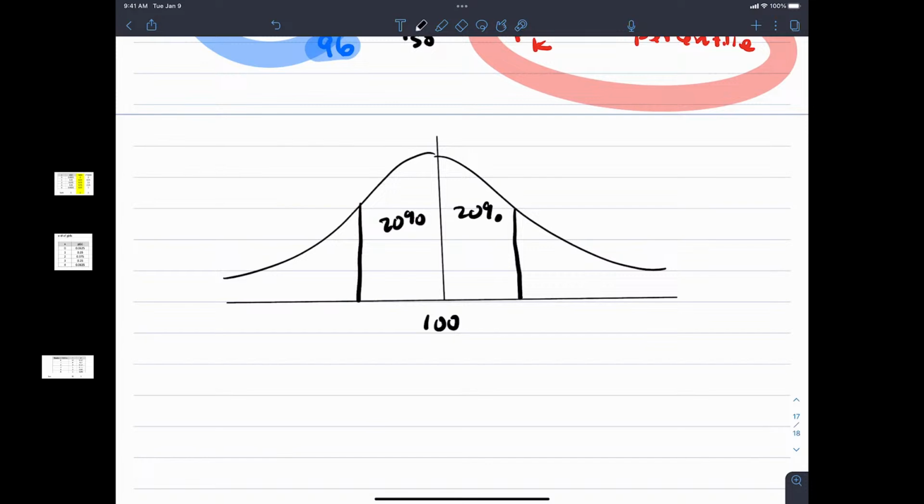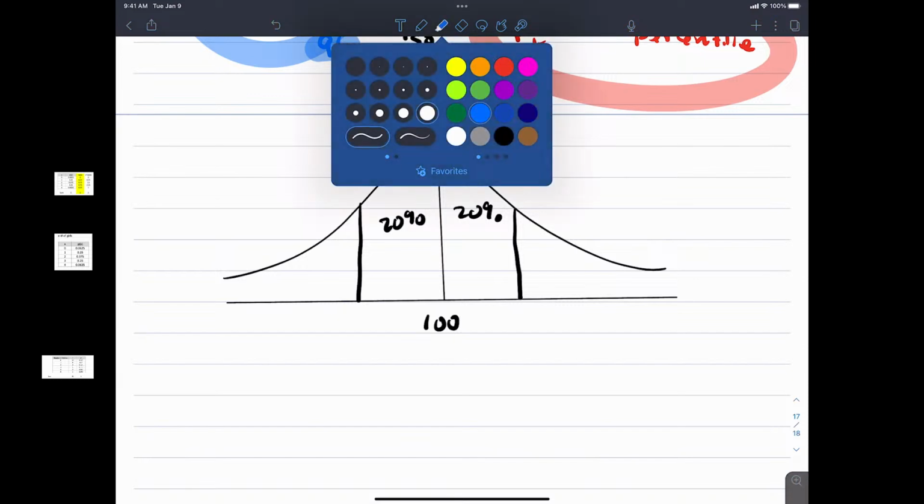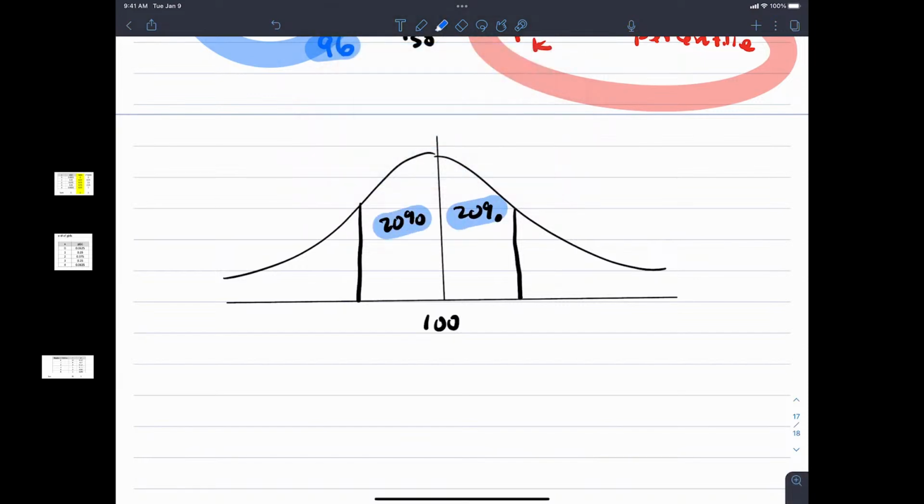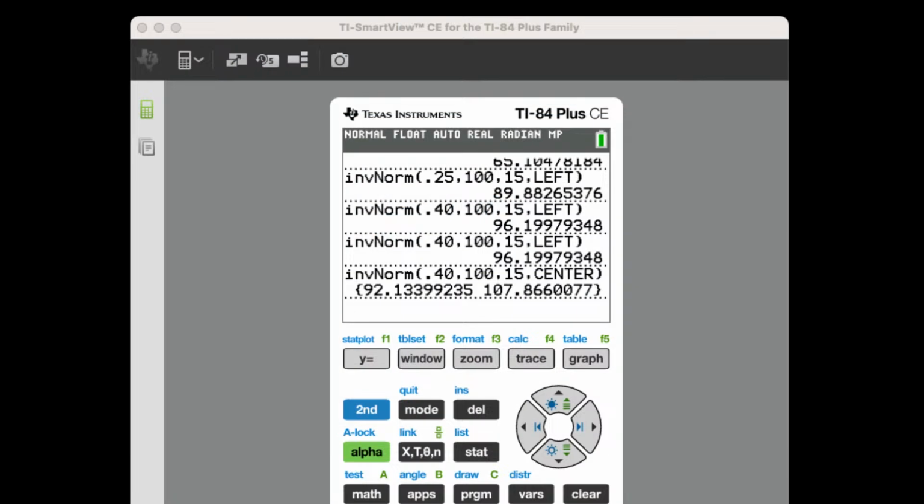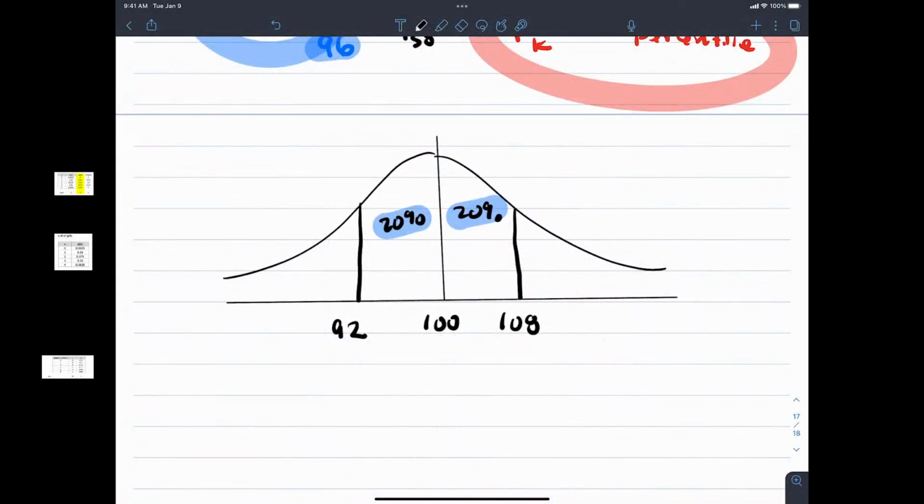You guys see what I'm saying? Center 40, what did it give me? Two numbers, because this is in the center. 20 plus 20 does give you 40. So what it would do with those two numbers looks like 92. And what's the other one? 108. 108, 92. So this is how I'm interpreting these two.